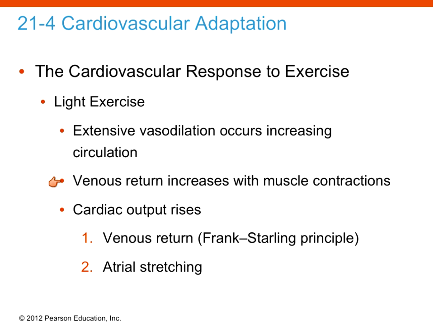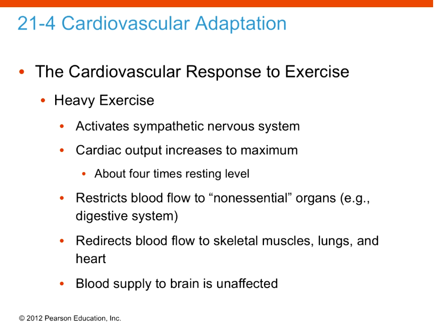So the more muscles contract, the more blood's going up through those one-way valves, and your cardiac output's going to rise. So that venous return is going to definitely increase, and that increase in venous return, which makes sense because we've had more blood flowing, we call the Frank-Starling principle. And as a result of this Frank-Starling principle, or the amount of venous return, then we should see the atria stretching a little bit more. So this is what we see in light exercise.